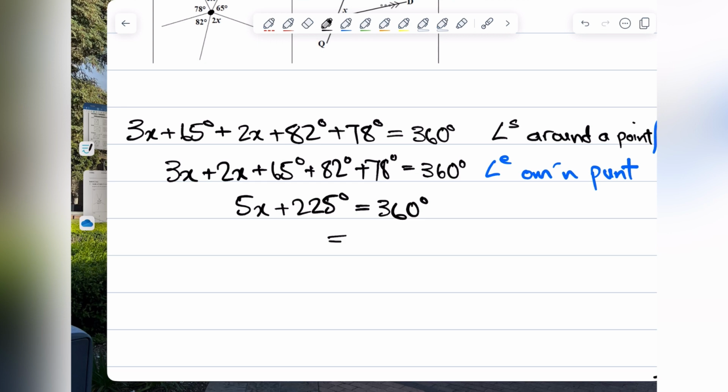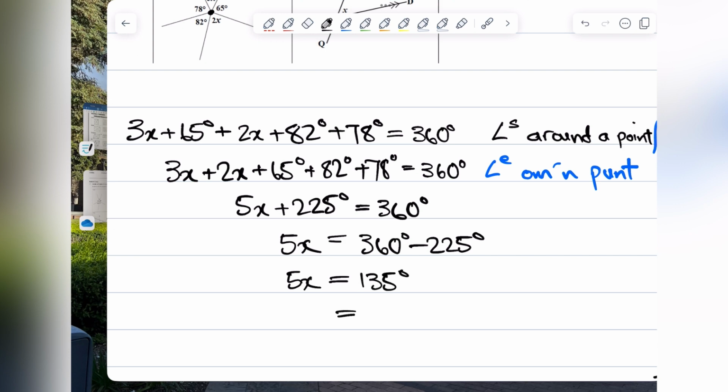So ons gaan 225 aftrek van beide kante. So it will look like this, 360 minus 225. Of course, we subtracted 225 from the left, which left us with 5x only. And then 5x, of course, is equal to 135 degrees.